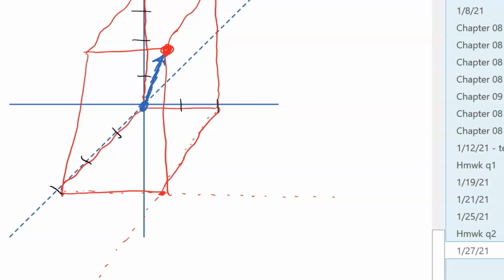All right, so the last thing I want to talk about today is going to be 3D vector equations of lines.